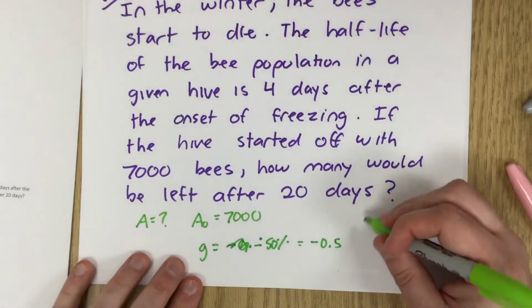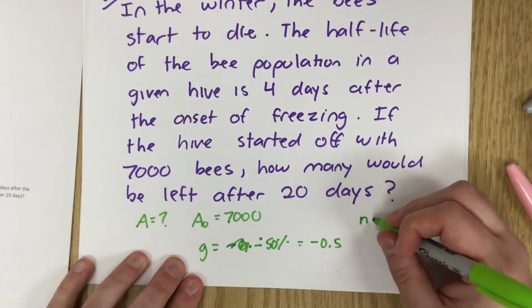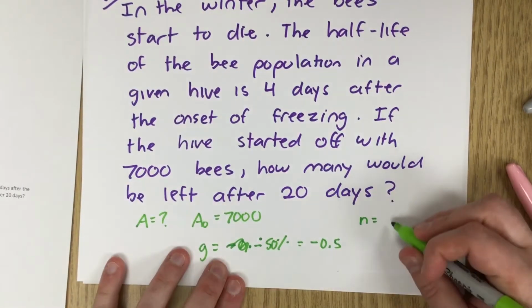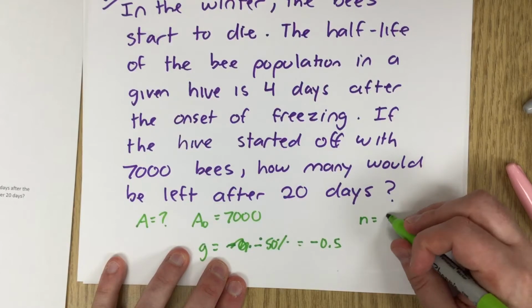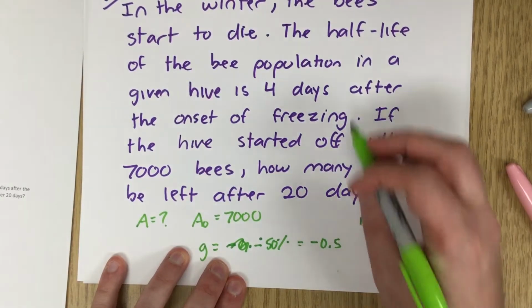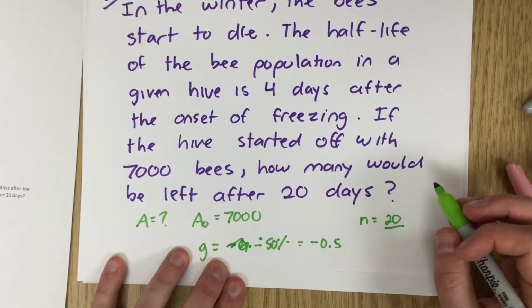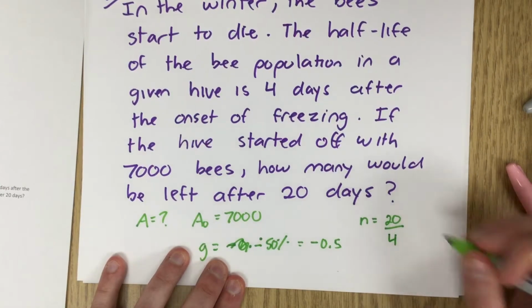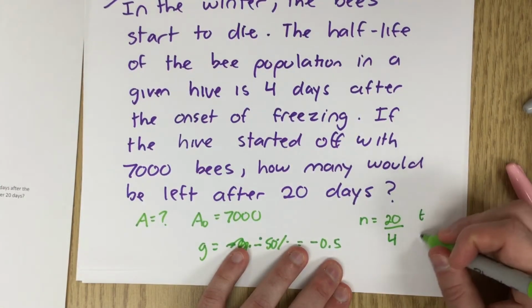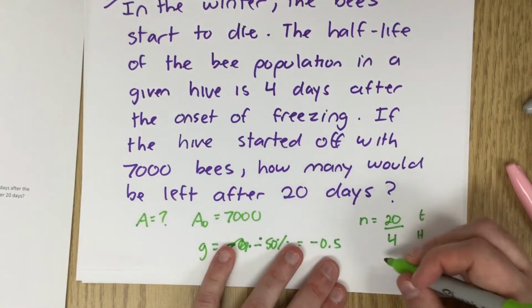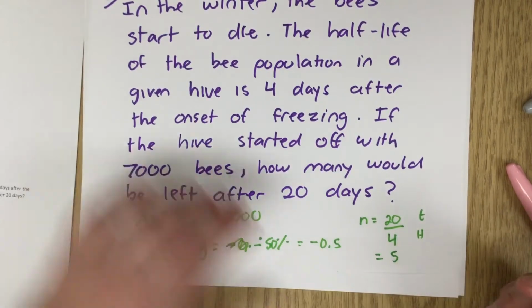And then the number of times that this happens is going to be the elapsed time over the half-life, which in this case is 4.